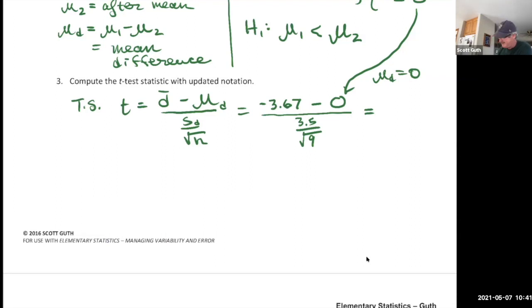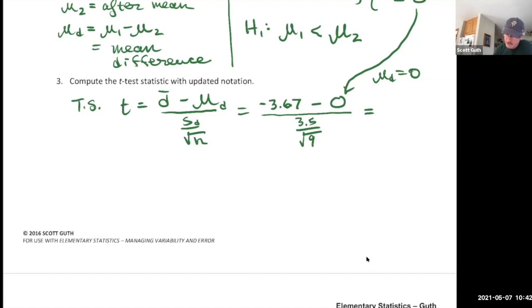Let me see. Oh, dang. I think I got it wrong. Wait, let me fix this. Okay. Negative 3.15, negative 3.15. That's more like what I got. Yeah, negative 3.15. Sorry about that.